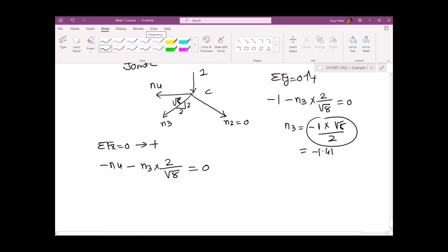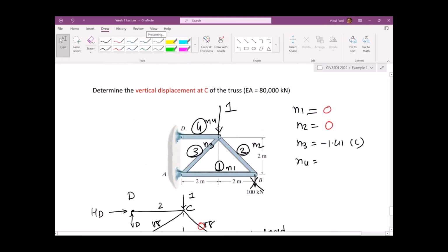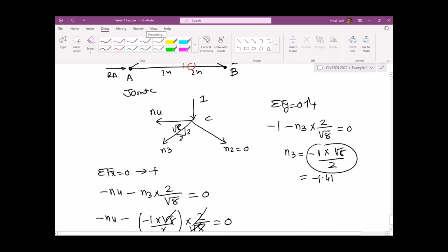Let's substitute this value. Minus N4 minus 1 times square root 8 on 2 times 2 on square root 8 equal to 0. This cancels. So minus N4 equal to minus 1. So N4 equal to 1, in tension. Okay, so we got all these values.